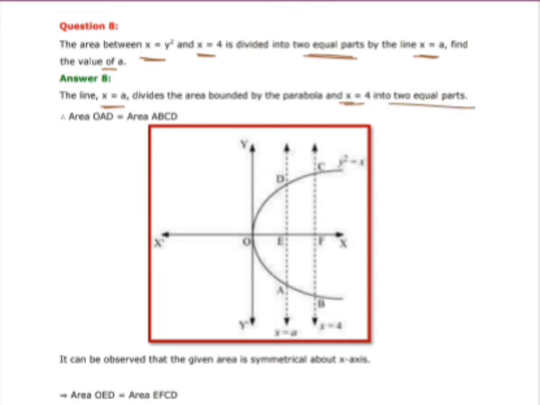So we are taking x equals a and x equals 4. Now we have to find the area OAD, this area OAD equals area ABCD.